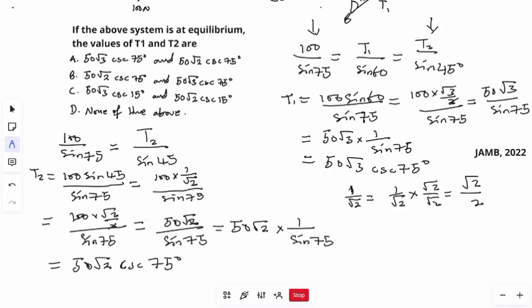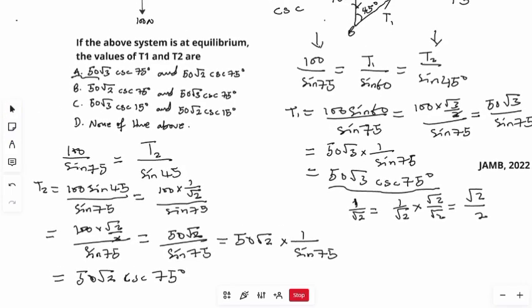If you check which T2 in the options matches that, option A. So you see our T1 is 50 root 3 cosecant 75, which is A here, and our T2 is 50 root 2 cosecant 75, which is still A here. So the correct answer to that question is option A.